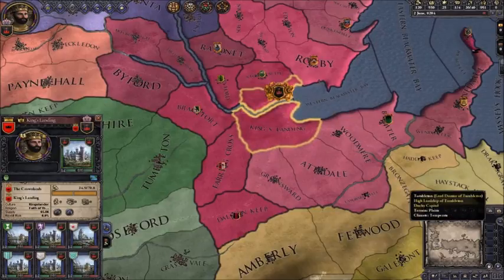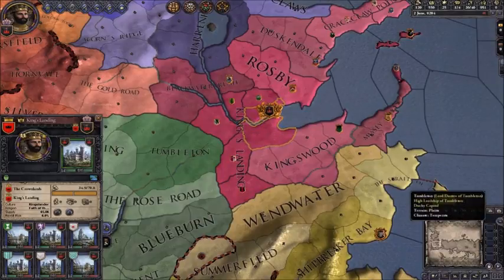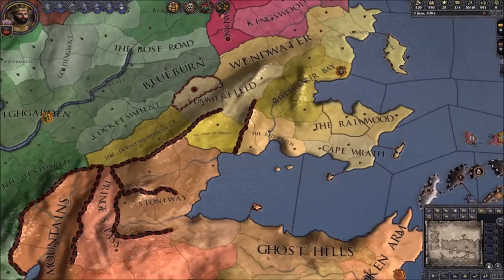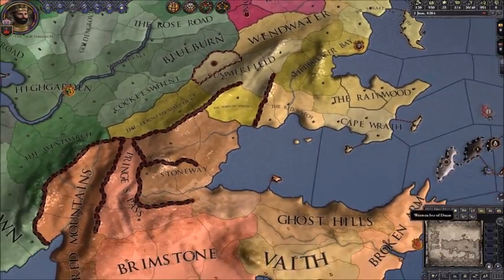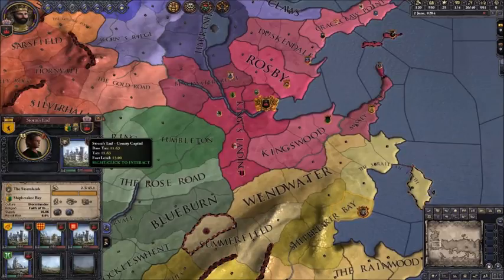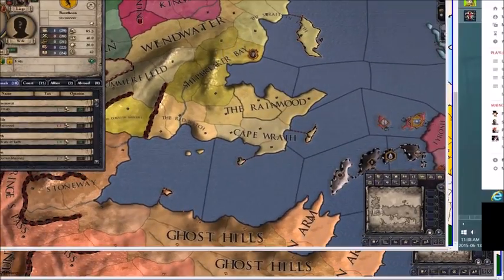Or if he appoints someone, that person is basically a civil servant or a bureaucrat and not a lord in their own right. Like Robert appointed Renly to rule the Stormlands. Oops, sorry. So he does not rule the Stormlands anymore directly. It is not part of his demesne because Robert gave it up.